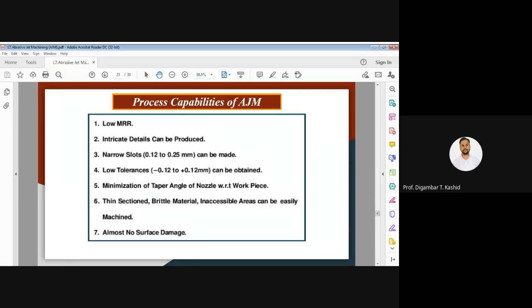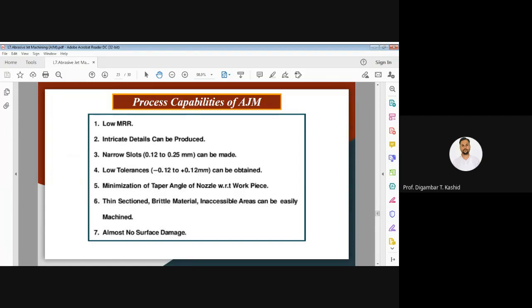The size of the slot can be 0.12 to 0.25 mm using this process, and a low tolerance can be achieved, that is plus minus 0.12 mm. The taper can be minimized by properly setting the angle of your nozzle with respect to the workpiece surface.